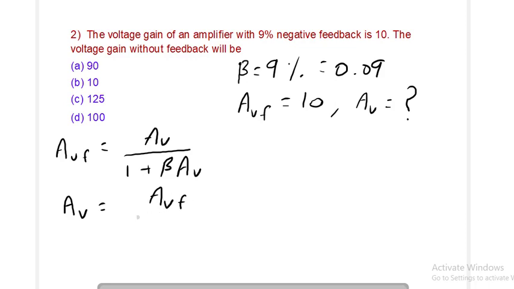So AV in terms of AVF is AVF upon 1 minus beta AVF. Now we will calculate this.